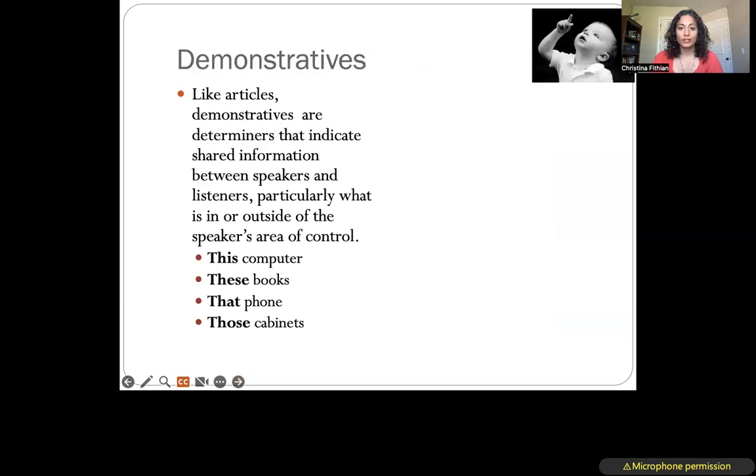Okay, so our next category, the third category of determiners, is demonstratives. And very much like articles, demonstratives are determiners that indicate shared information between speakers and listeners. But with demonstratives, we're focusing on what is in or outside of the speaker's area of control. Now, this can be a literal area of control or a metaphorical area of control.